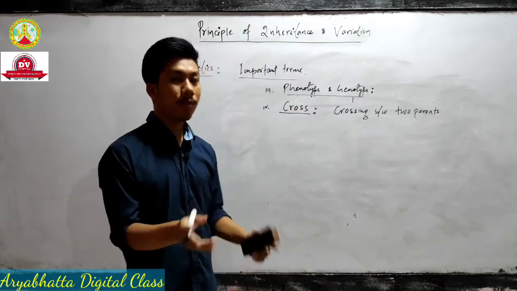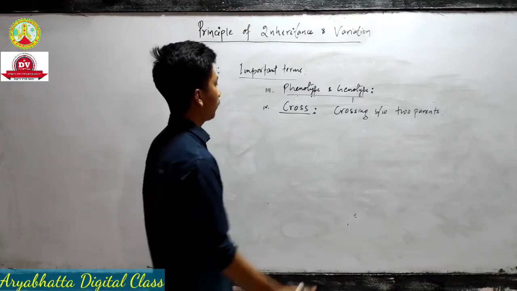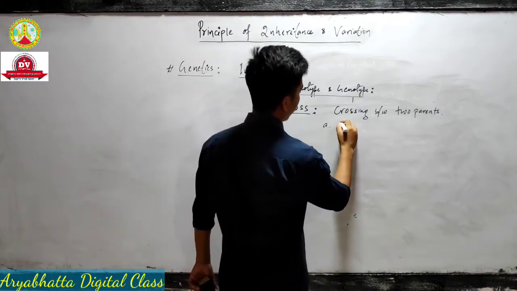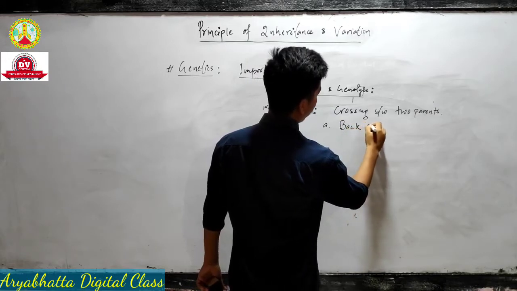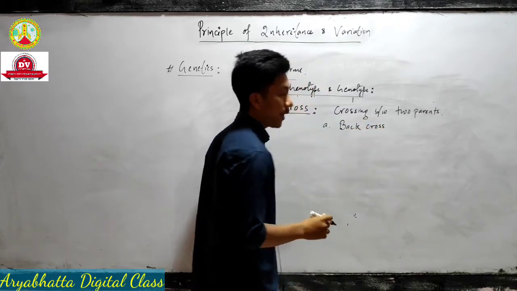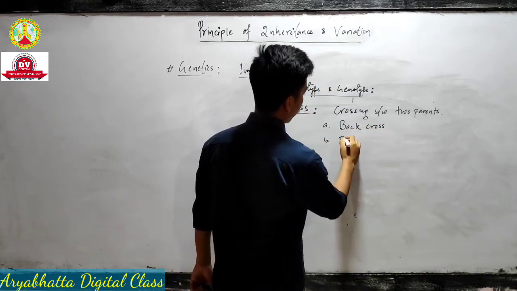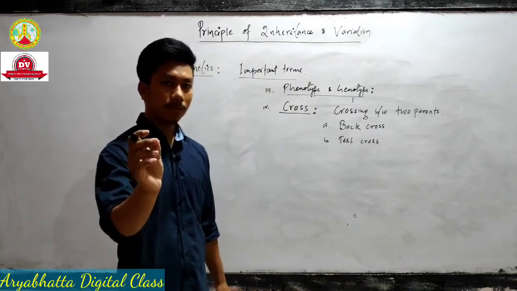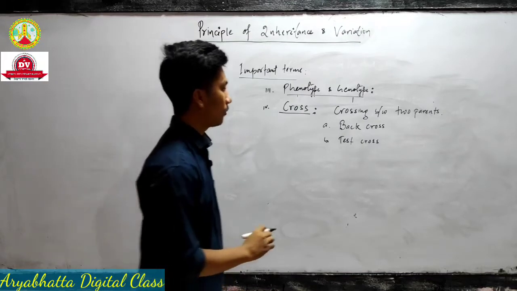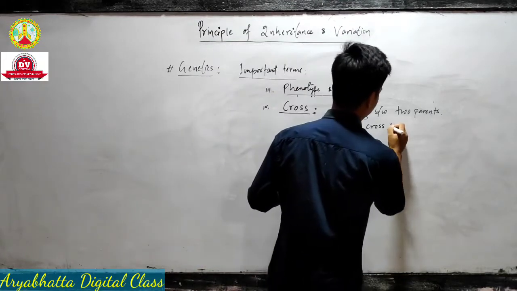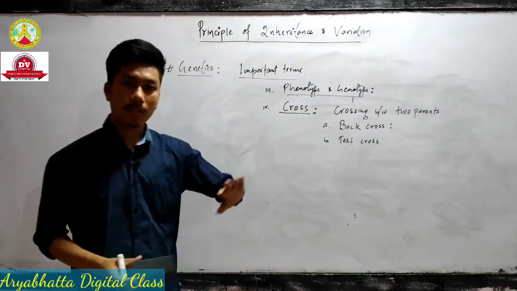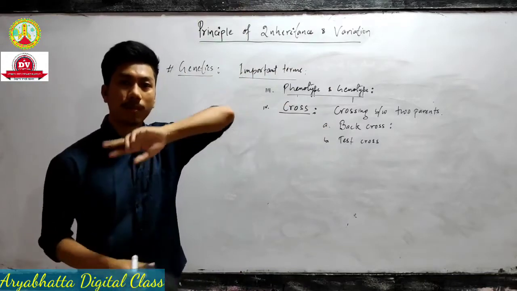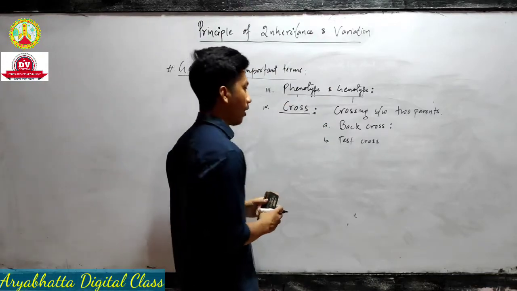Now, when we talk about cross, there are two types of cross: back cross and test cross. Just remember the definition of back cross and test cross. We don't have to go into details about those two. Sometimes the question asks for 2 marks or 1 mark.